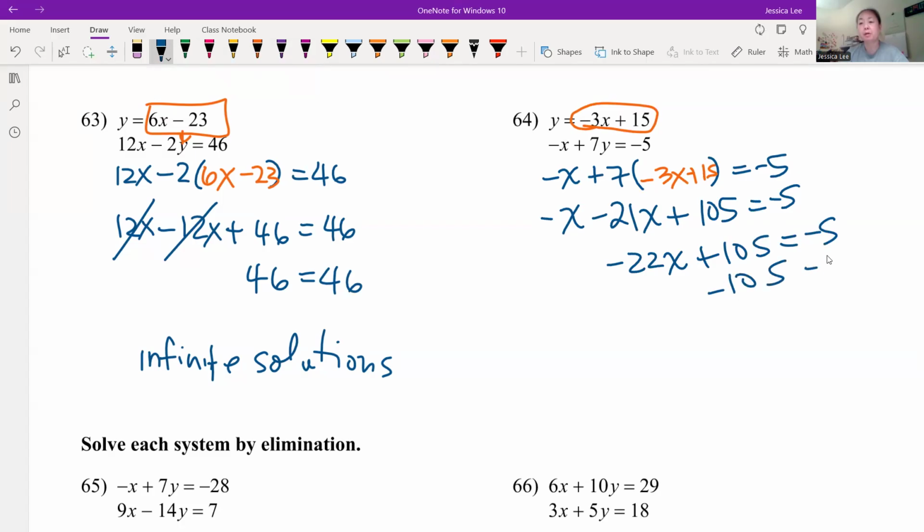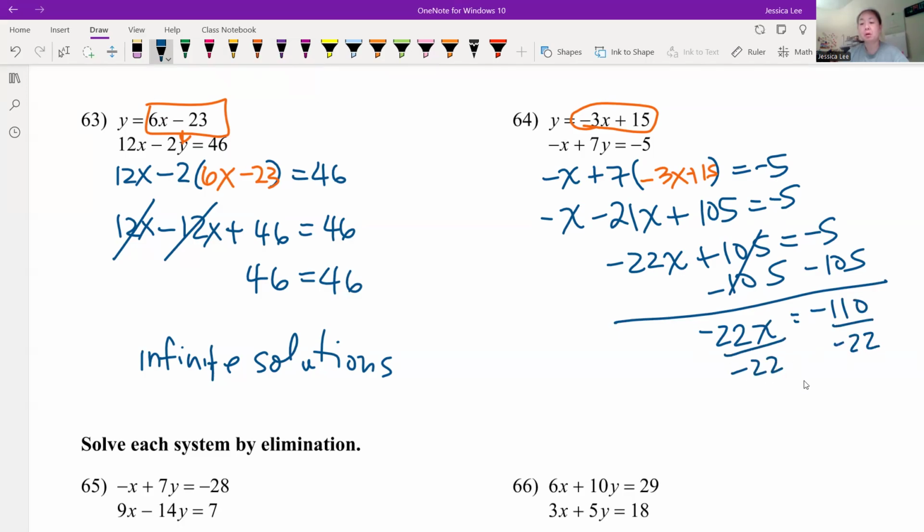Again, we're going to subtract 105 from both sides because we're back to a two-step equation. So this is going to be -110. We're going to just divide that by -22. We got x is equal to 2, 4, 6, 8, 10. We're going to go +5.